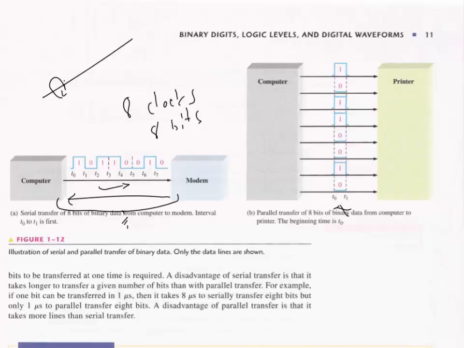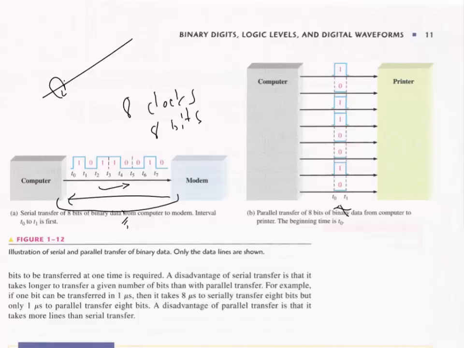A transformer is basically 2 coils of wire that are wound closely together, most of the time around a magnetic core, so that when you deliberately change the current through one coil, that generates a voltage in the second coil.